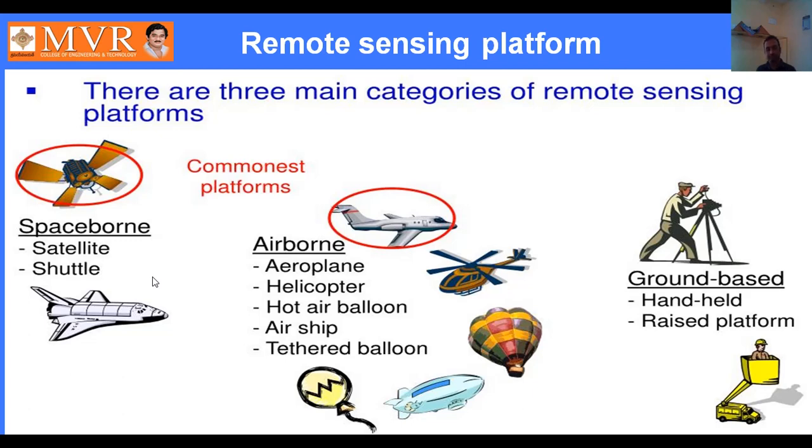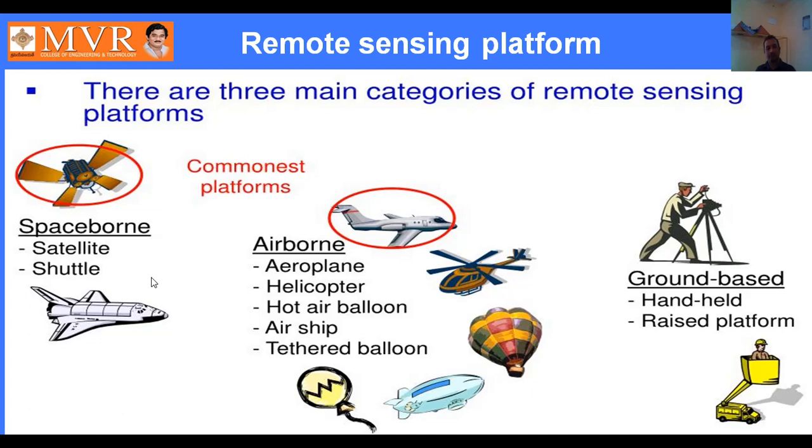These types of platforms can acquire a large area of data in a short amount of time, which can be used for monitoring earth resources, atmospheric dynamics and other applications. Other applications means weather forecasting, natural hazards, environmental monitoring.